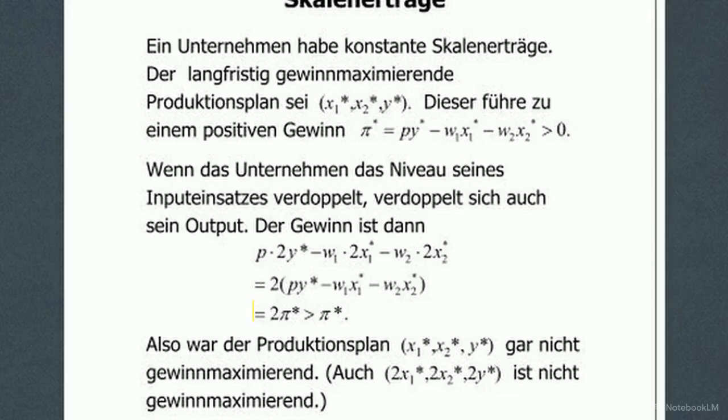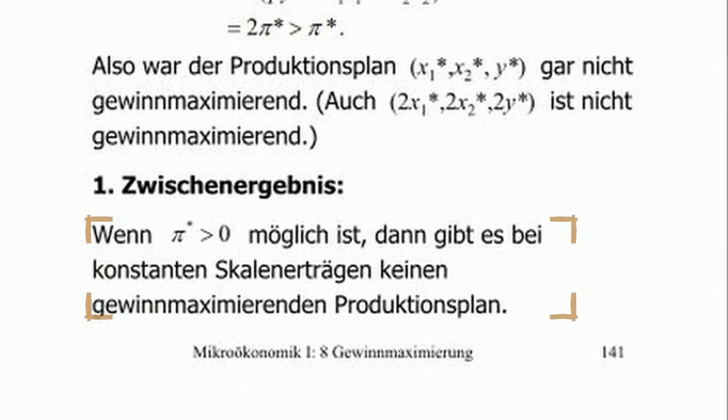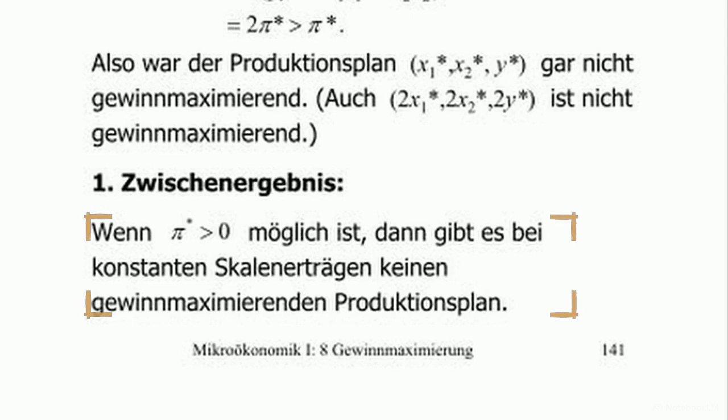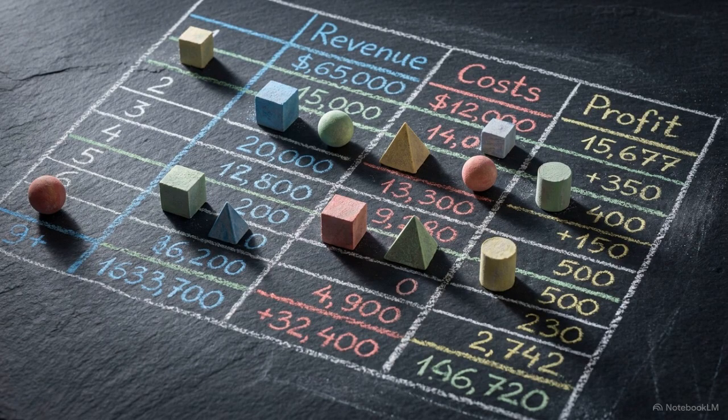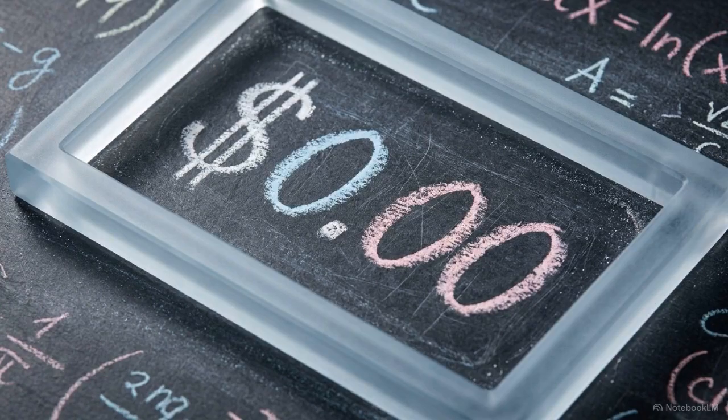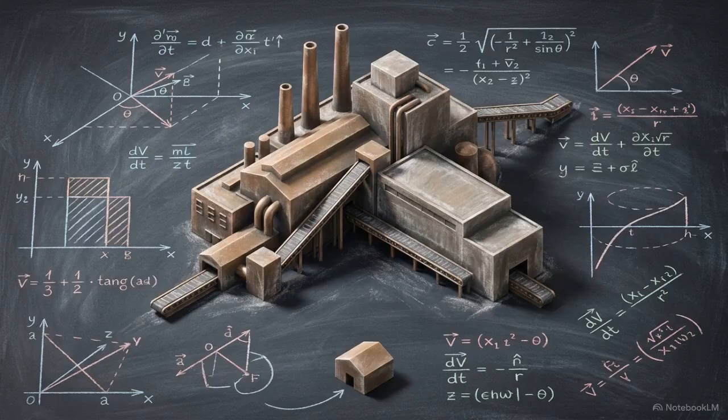If a firm with constant returns makes a positive profit, doubling its size would double that profit. Because this can be repeated indefinitely, no single production plan can ever be considered optimal. To remain compatible with a competitive equilibrium, a firm with constant returns across all levels of production must earn zero long-term economic profit. The scenario breaks down further with increasing returns to scale.